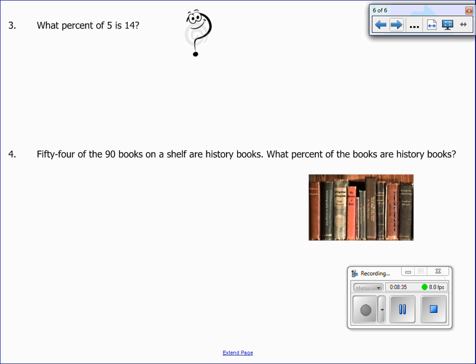Let's read these, and I'll work them out and pause the video. You can come back and check your answer. What percent of 5 is 14? And our final one: 54 of the 90 books on a shelf are history books. What percent of the books are history books? So again, let me pause it. I'll set it up, and you can come back and check your answer.